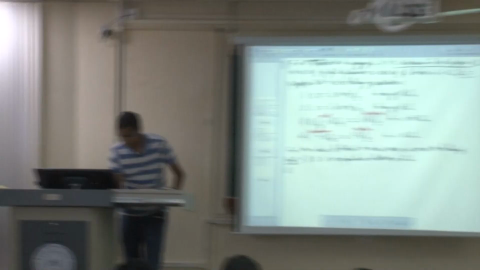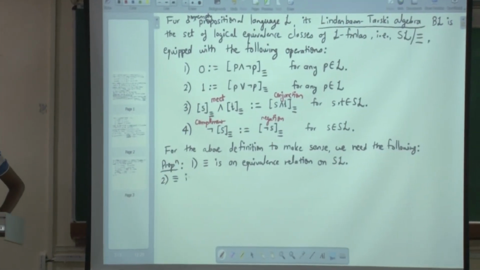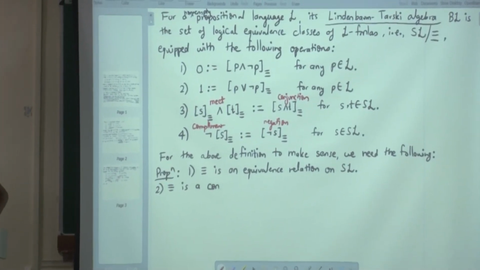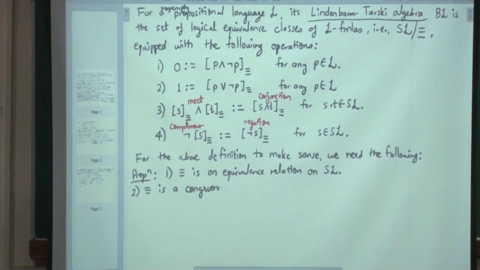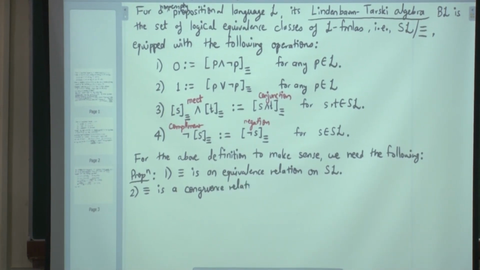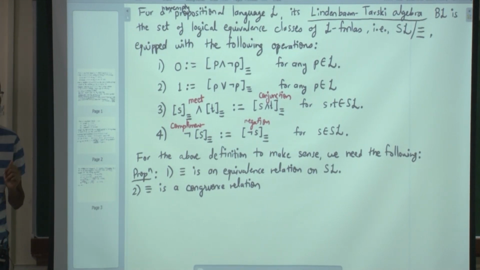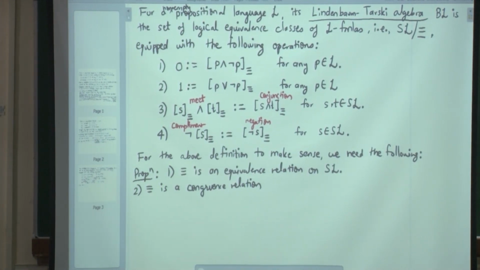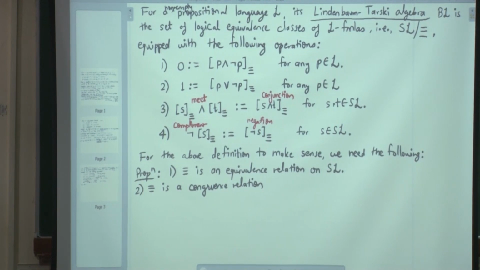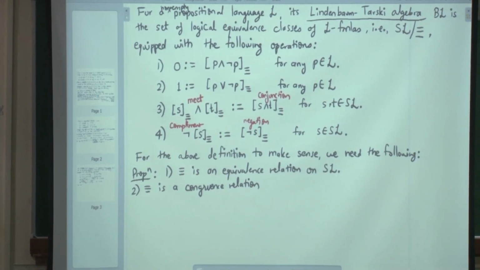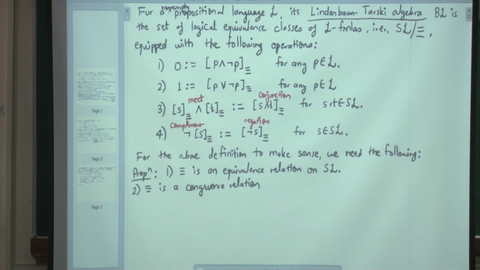Second one, so this is a congruence relation. Do you remember congruence from our earlier encounter with integers? Modulo n is a congruence relation, which means it is an equivalence relation which behaves well with respect to algebraic operations.